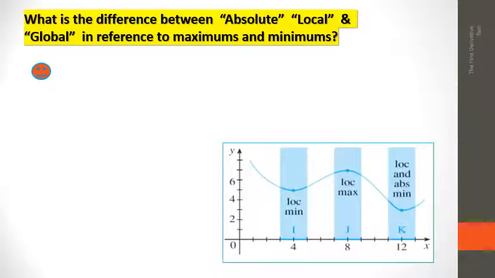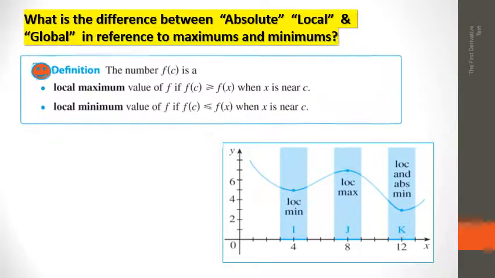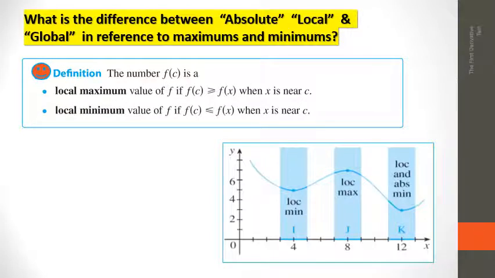What is the difference between absolute, local, and global in reference to maximums and minimums? Well, by definition, the number f of c is a local max if it's the highest value when x is near c. There's language right here, near c.